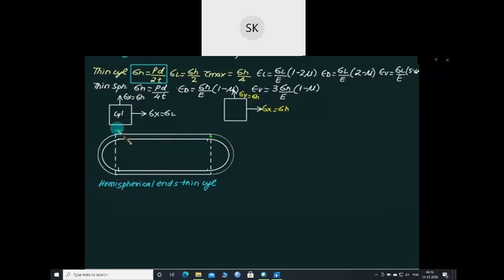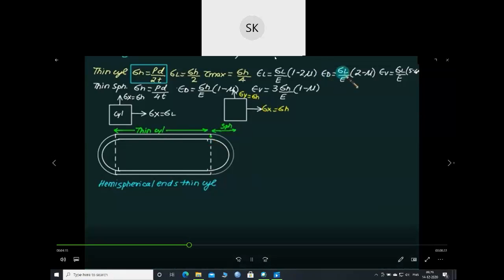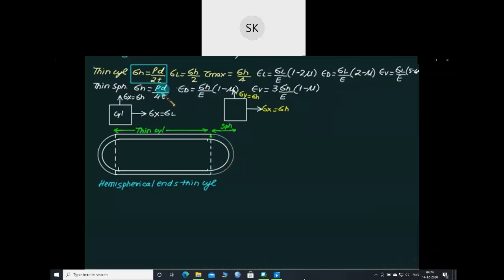So here this part is basically the thin cylinder, and the remaining part is your spherical part. So at this point we have a diameter strain equal to sigma L by E, and this sigma L is PD by 4T. Whereas for the spherical one, we have epsilon D equal to sigma H by E, that is PD by 4T. So there is no issue, that is this one and this one.